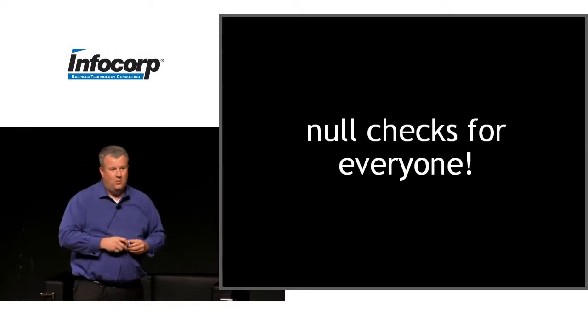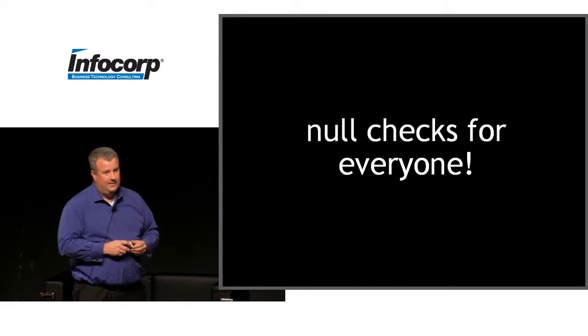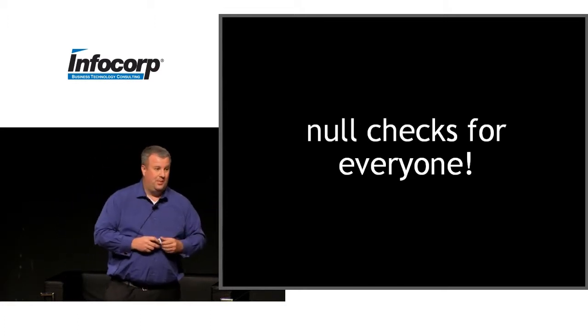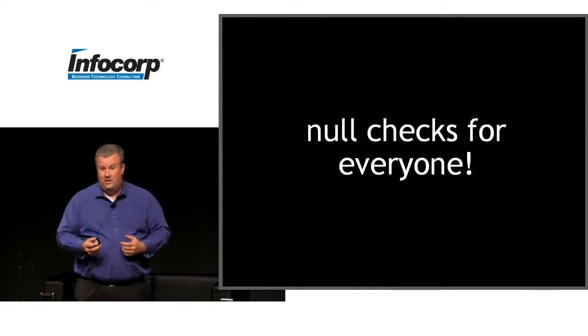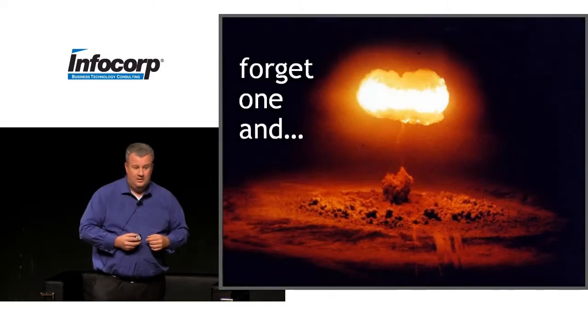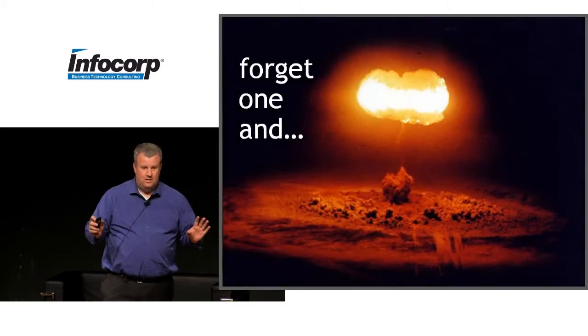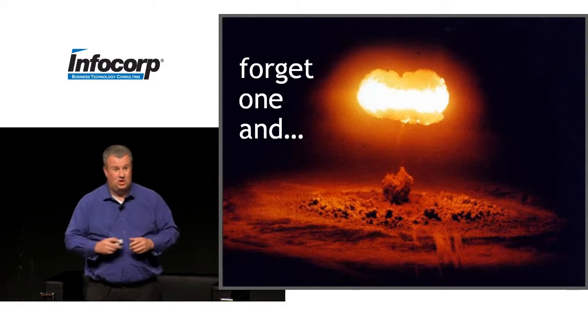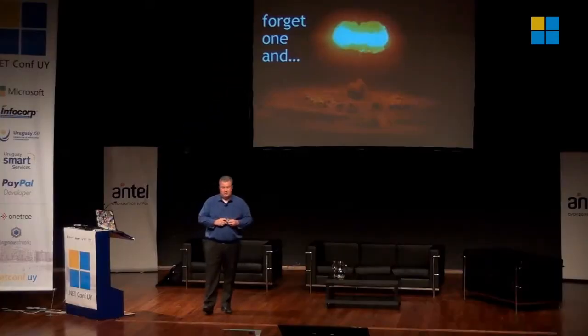If we don't do that, we're not doing good defensive programming. That's a lot of boilerplate code to have to remember to do. The first time you forget it, boom, your application stops working, right? And that's not good. For something as simple as that, it's not a good scenario.